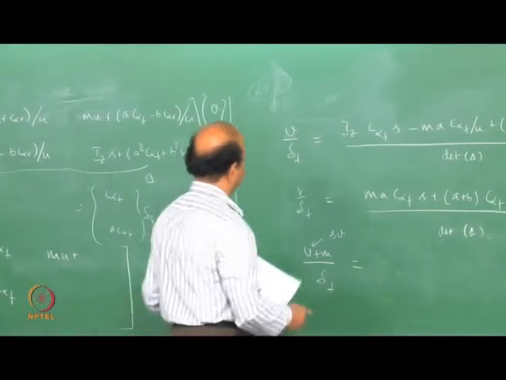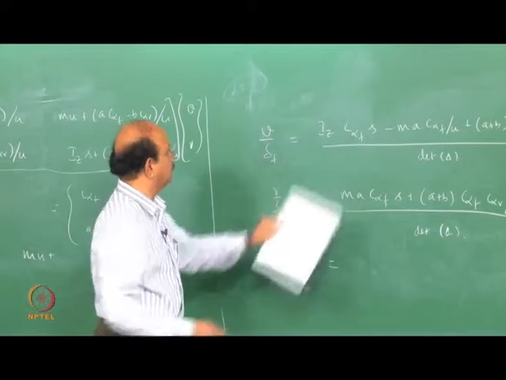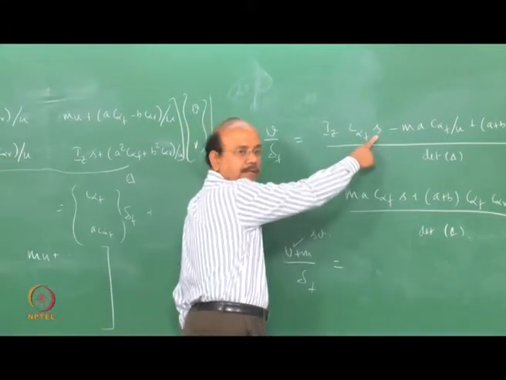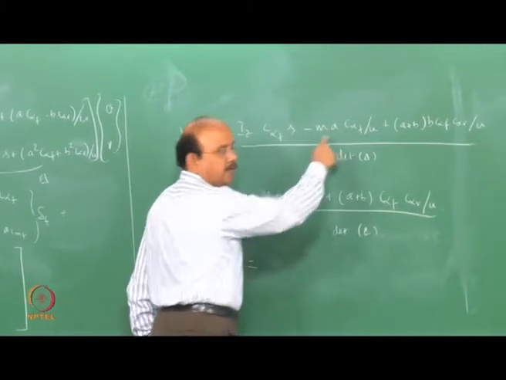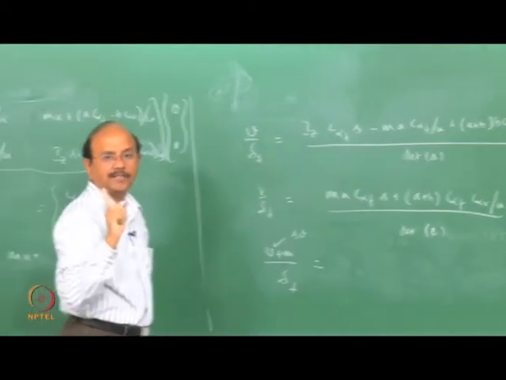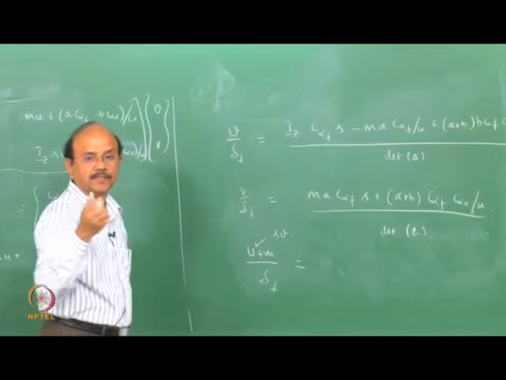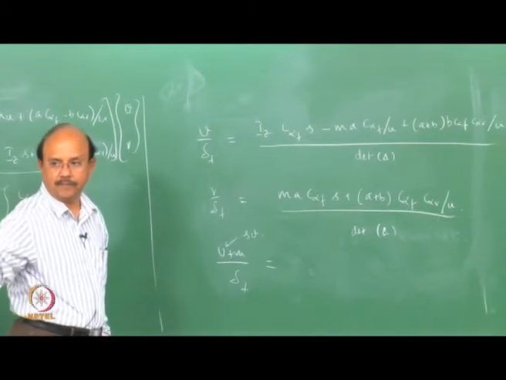Look at this SV. So Iz C alpha F S squared, minus M into A. What is A? A is not acceleration. Remember that A is the distance from the CG to the front axle.